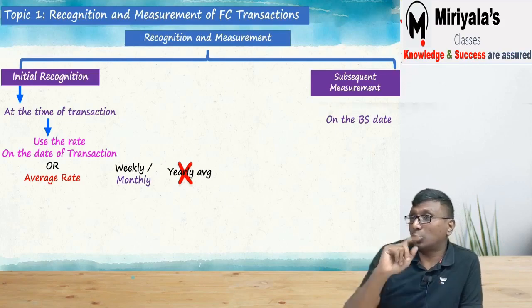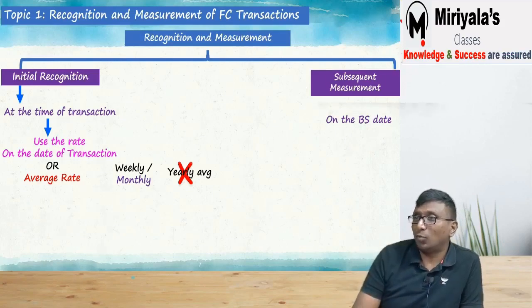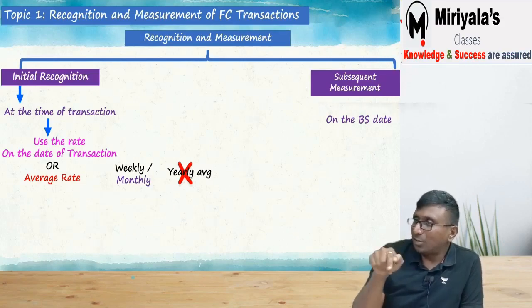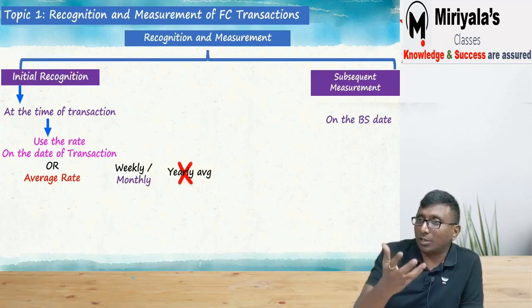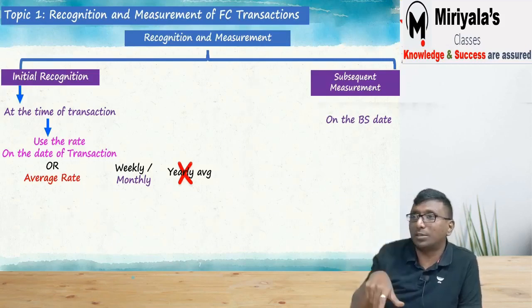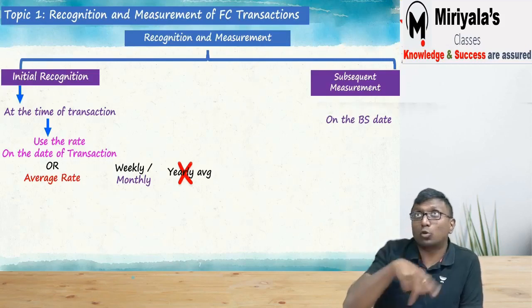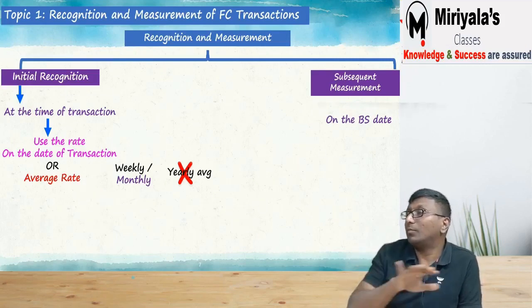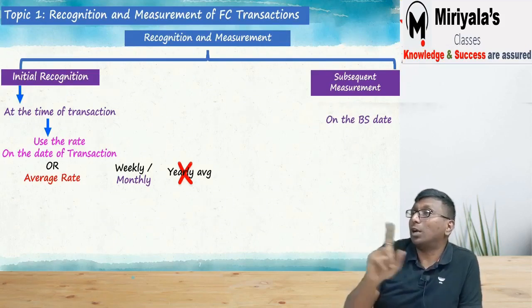But here also, subject to a small condition. What conditions? During the week whose average you are taking, the rate of the currency, say the dollar rate, should not go up and down like this. If it goes too high, that week's average you should not take.